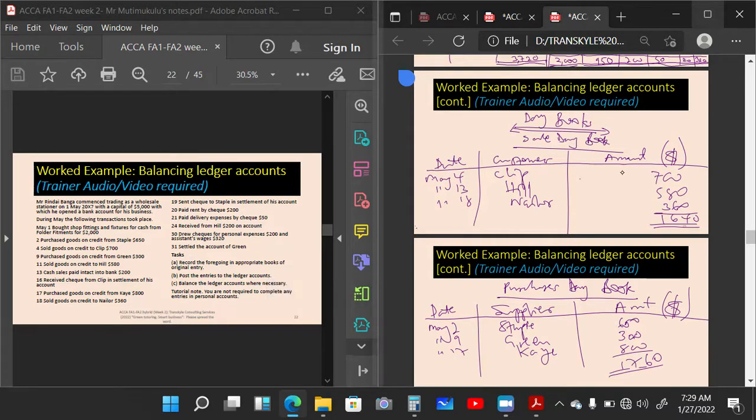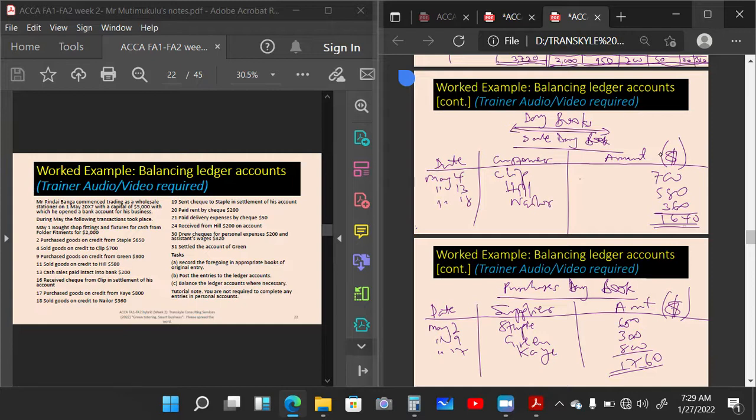Those are the receivables ledger accounts or payables ledger accounts, called memoranda or personal accounts. We are not allowed to open those.